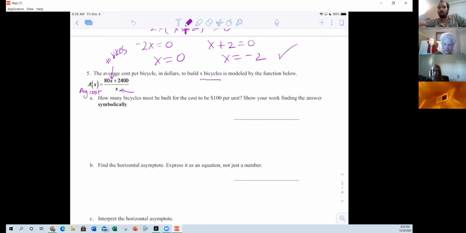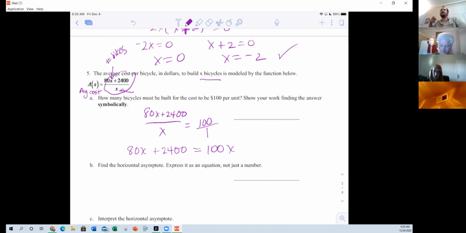So you're going to take this function and set it equal to 100. Then if you want, you can do a cross product. Get 80X plus 2400 equals 100X.